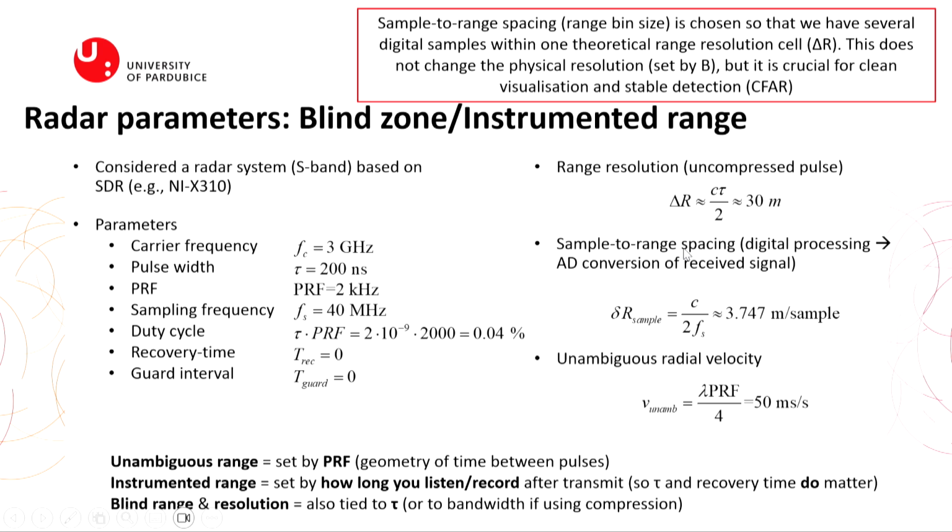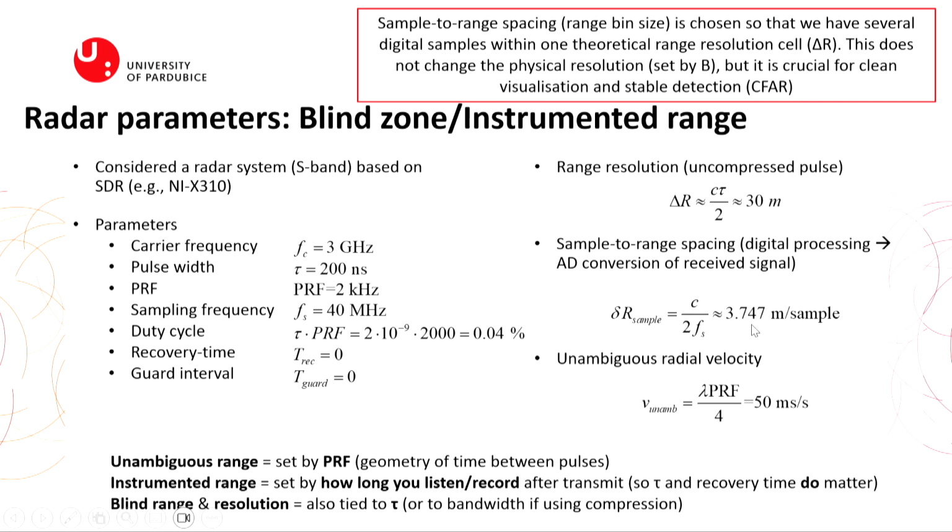So what is sample to range spacing? My sampling rate of this continuous signal that I receive is 40 megahertz. So delta R of a sample is C divided by 2F, so it is about 3.7 meters per sample. So you can see my resolution is 30 meters, but this is about 3.7 meters per sample.